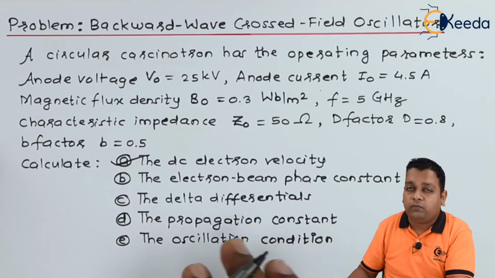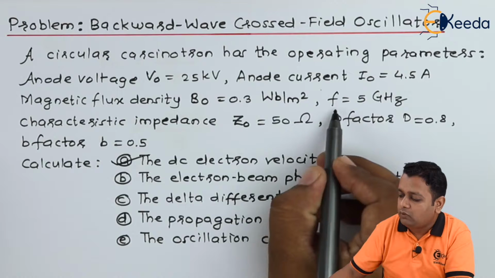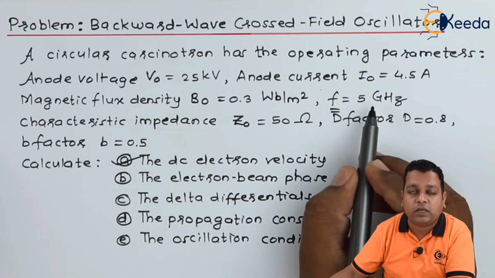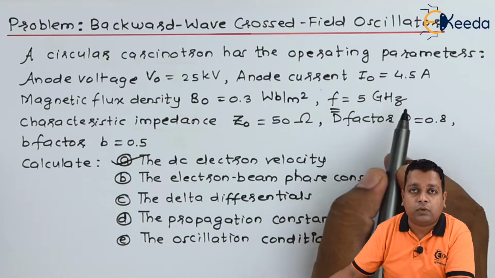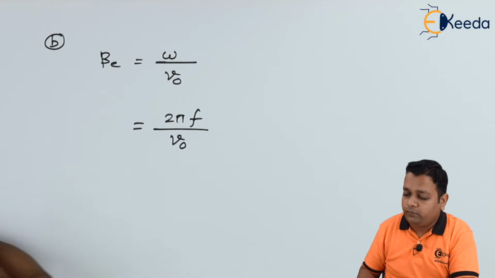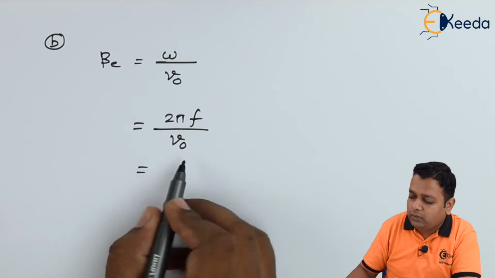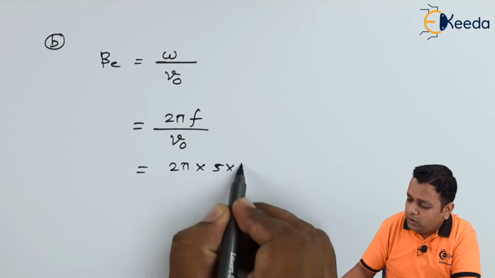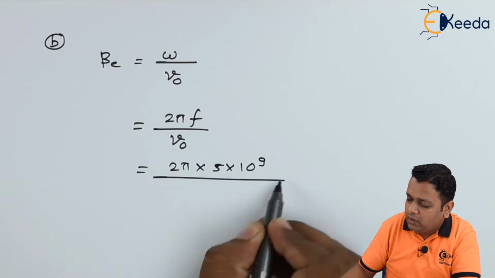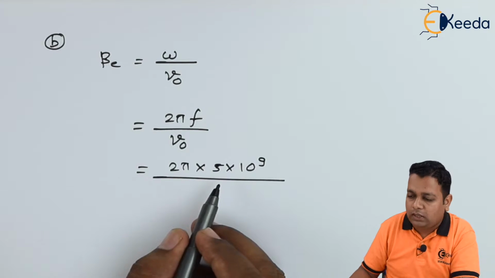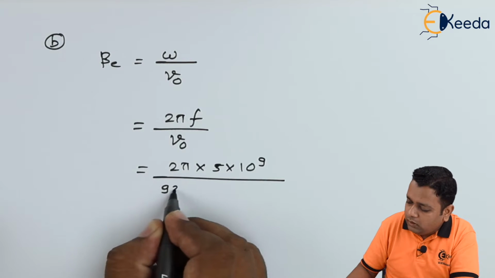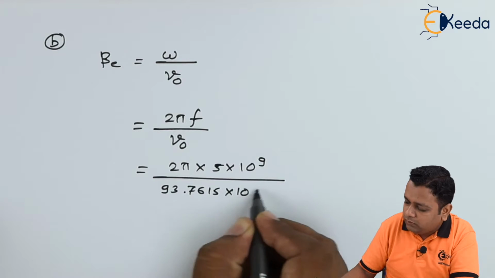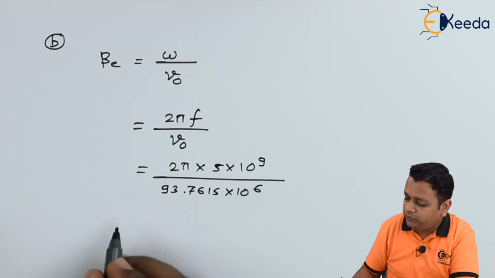If we get back to the problem statement, we have the value of f, the operating frequency, that is 5 gigahertz, that we can substitute as 5 into 10 raised to power 9 hertz. Therefore the RHS will be 2 pi into 5 into 10 raised to power 9 divided by the answer from part A, which is 93.7615 into 10 raised to power 6 meters per second.